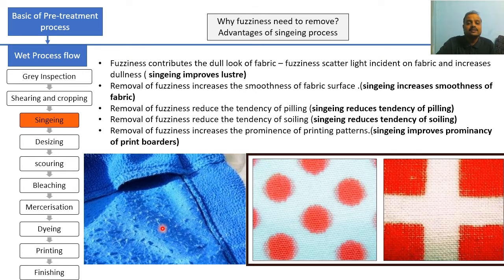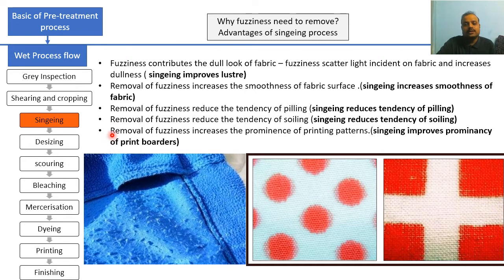In that case, the tendency of soiling is very low. So removal of fuzz, that means removal of hairiness, reduces the tendency of soiling. Once we remove this fuzziness, the fabric does not get dirty as frequently.